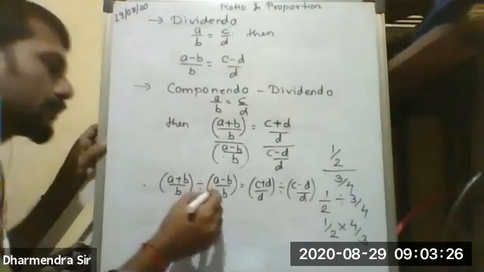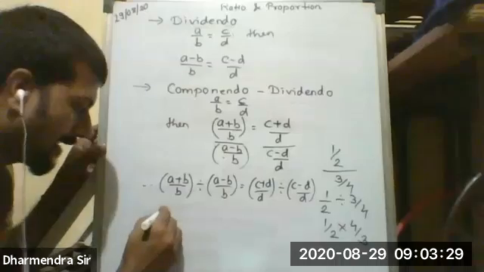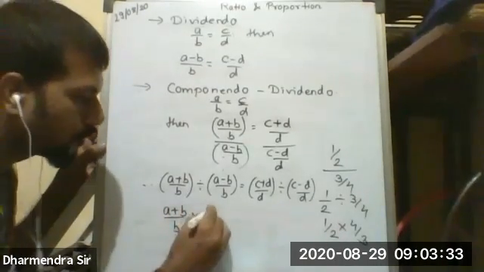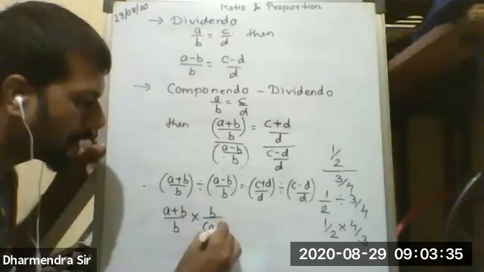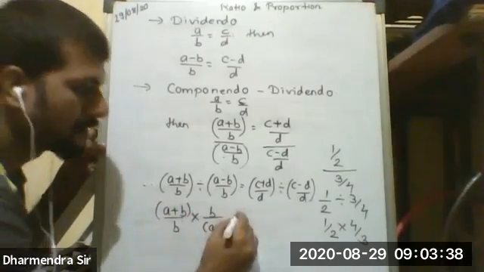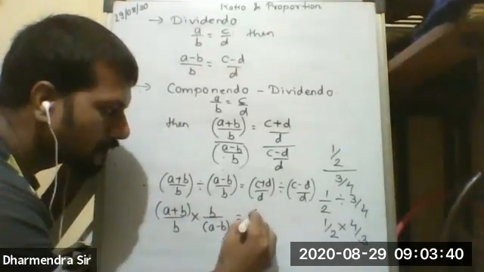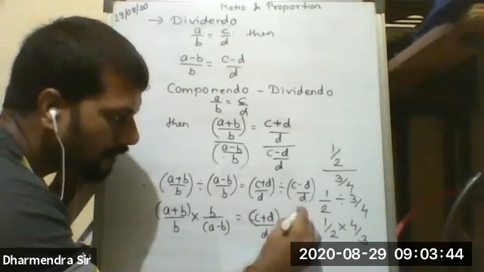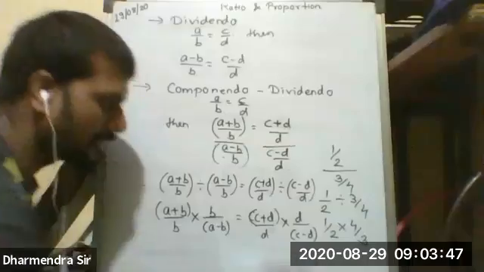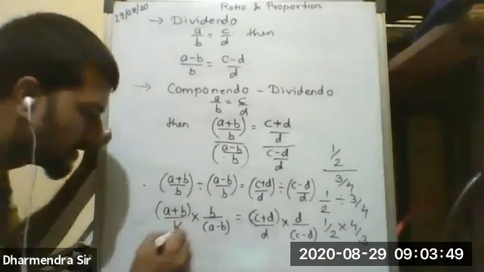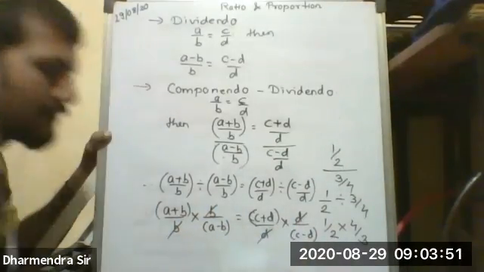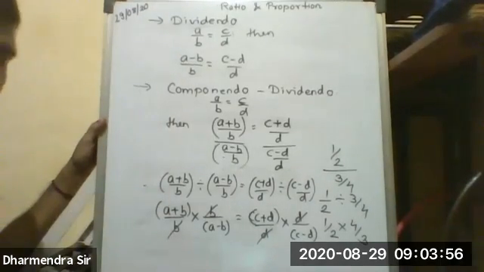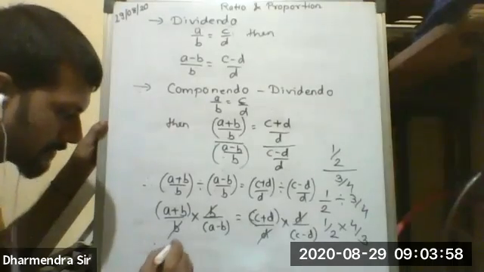After this, you just apply this rule. You will get A plus B by B into B by A minus B is equal to C plus D by D into D by C minus D. Cancel this B, cancel this D. Terms present in numerator as well as denominator get cancelled. What remains?